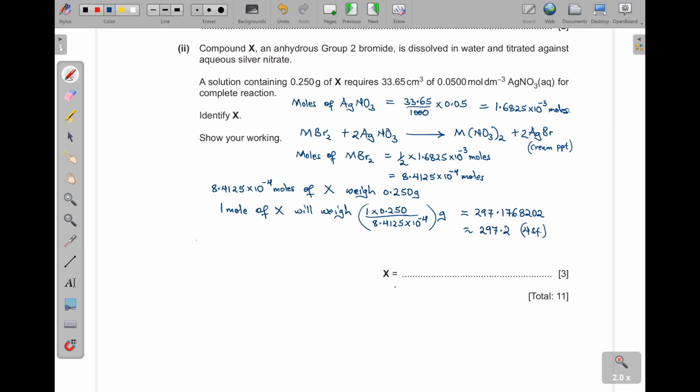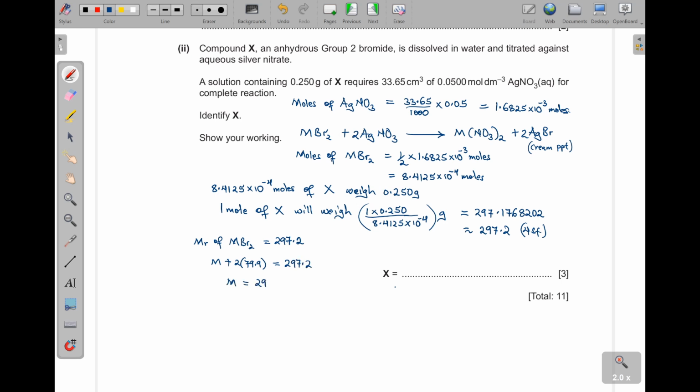Now, we are having MBr2. So the MR of MBr2 is equal to 297.2. I have M here, then plus 2 times bromine, which is 79.9. Then I equate to 297.2. So what will be the value of M?